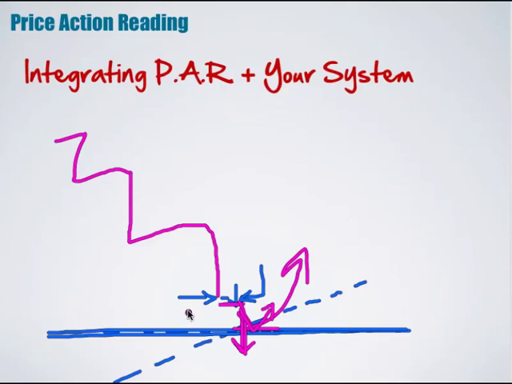Now, perhaps you may be wondering how much breathing room you should have from that level of support and resistance in order to take that trade. I can't answer that question. It depends on what type of trading system you trade. It depends on how many pips you expect to get from that trade. It depends on how close you are to that level.